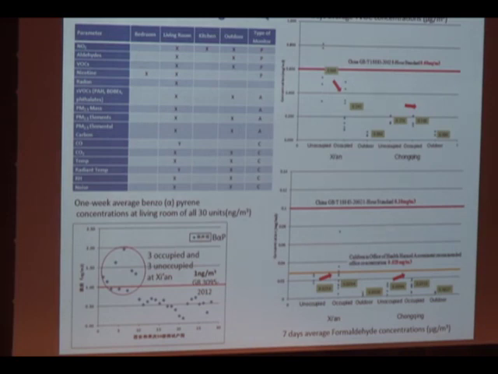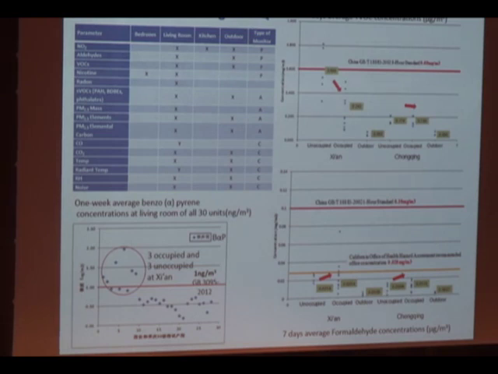This result I think is too good, but there is some problem inside, because we did this measurement from March to May last year, so it was during the spring season. In my experience, the data in spring is sometimes too good.